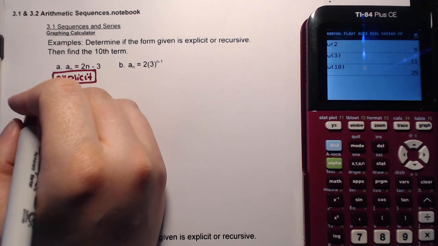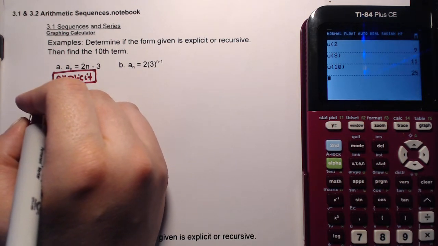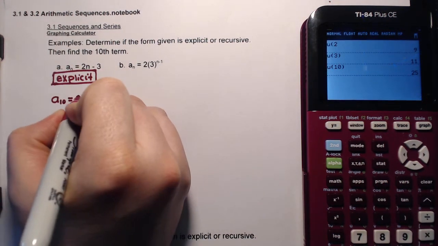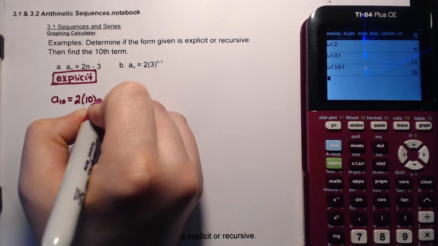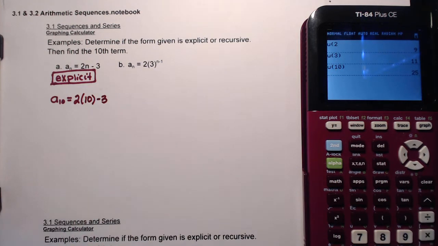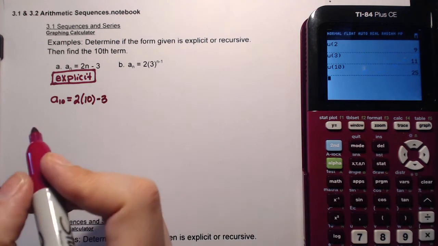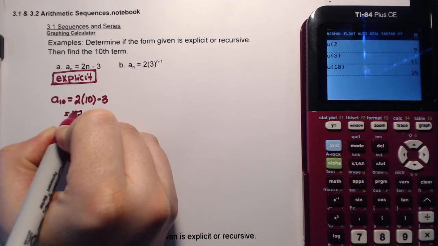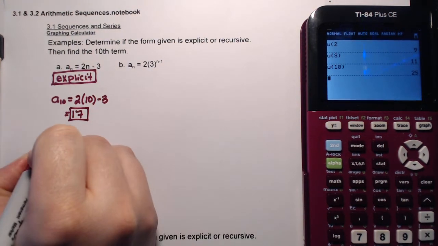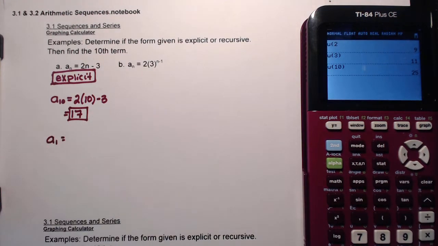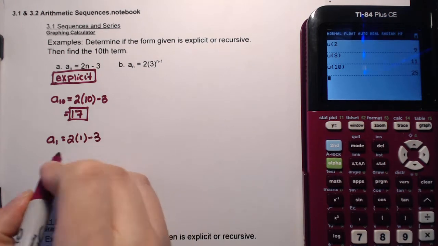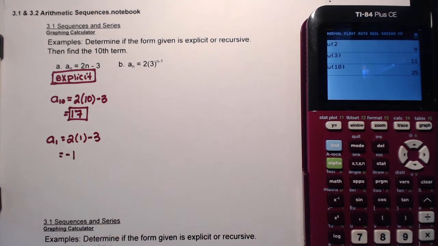So then it also wants us to find the 10th term. So take the term that you want, 2 times 10 minus 3, 17. You could also find the first term if you wanted. So the first term would be 2 times 1 minus 3. So 2 minus 3, negative 1.